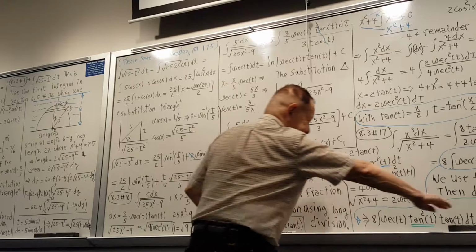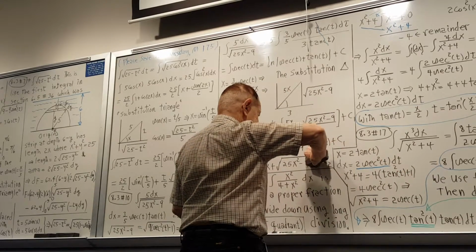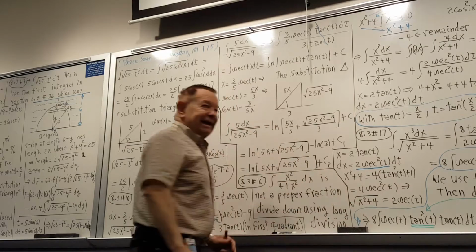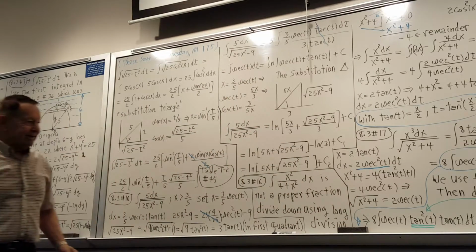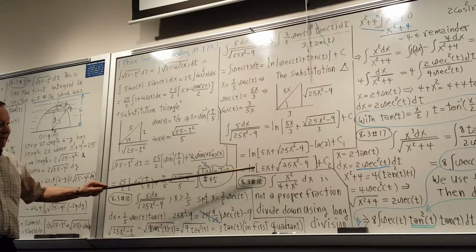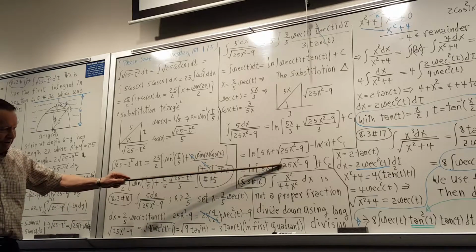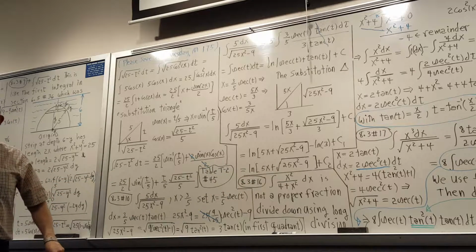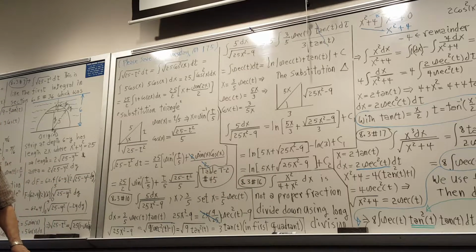I had a bracket there, but it wasn't very clearly printed, I think. I think you can see now that the 5x plus the square root is the argument of the log. That's what I'm trying to say, anyway. Okay, any question on this?